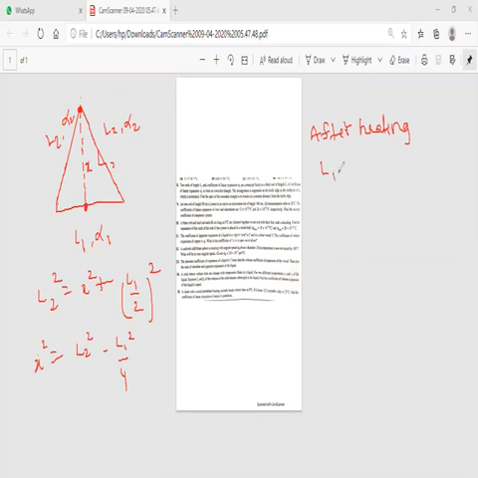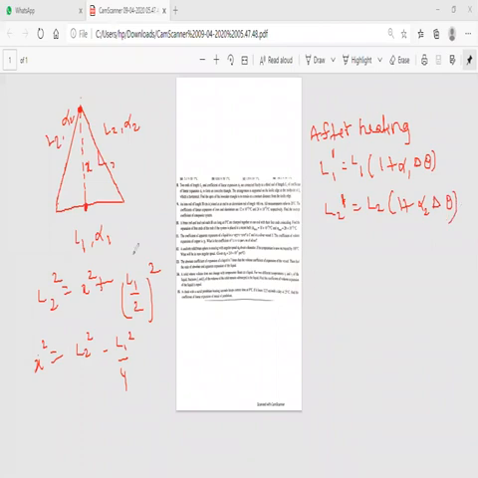The final length we can write as L1 dash. Initially its length is L1, so L1 dash equals L1 into 1 plus alpha 1 delta theta, and L2 dash equals L2 into 1 plus alpha 2 delta theta.